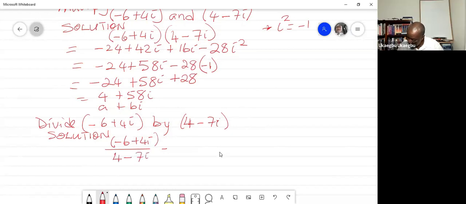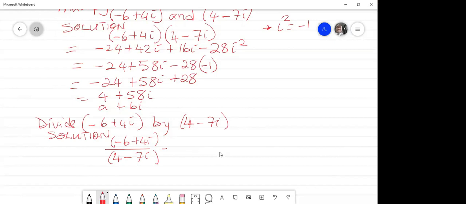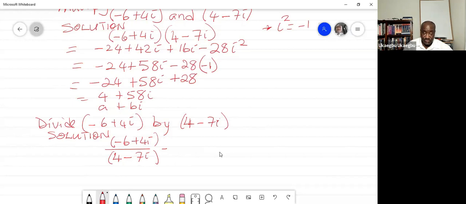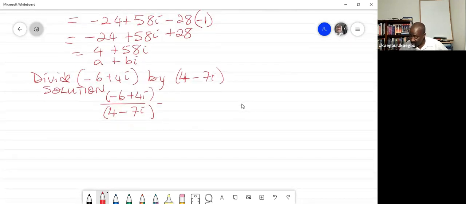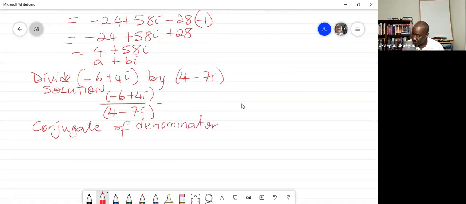Okay, what you do in this type of situation, you cannot really perform the division the way Adam suggested, because it's not going to work. But what you do is use what is called the conjugate of the denominator.